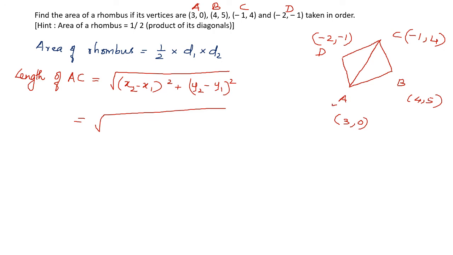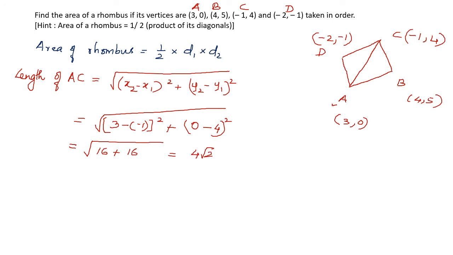So 3 minus of -1 whole square plus 0 minus 4 whole square. 3 plus 1 is 4, square is 16, plus again here it is 4 square. So the answer is 4 root 2. So AC is equal to 4 root 2.